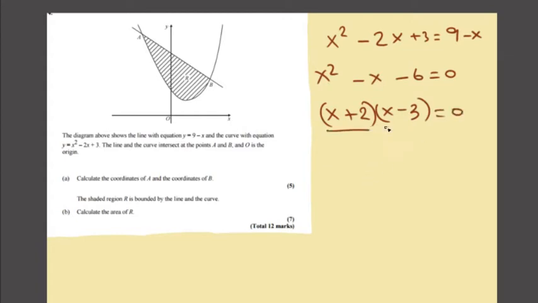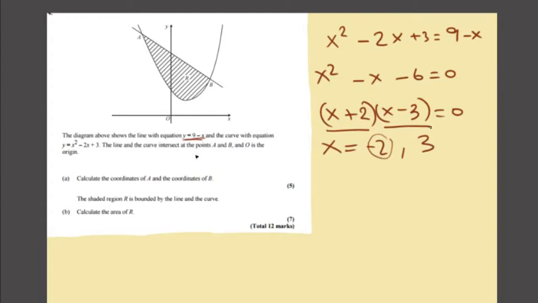So this is equal to 0, that's equal to 0, and we understand that x is equal to -2 or +3. Just plug those into either one of your equations. I'll go for the straight line equation, it's just way easier.